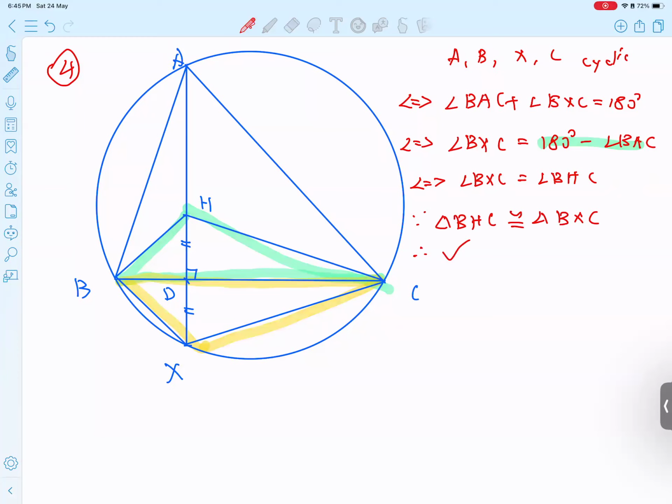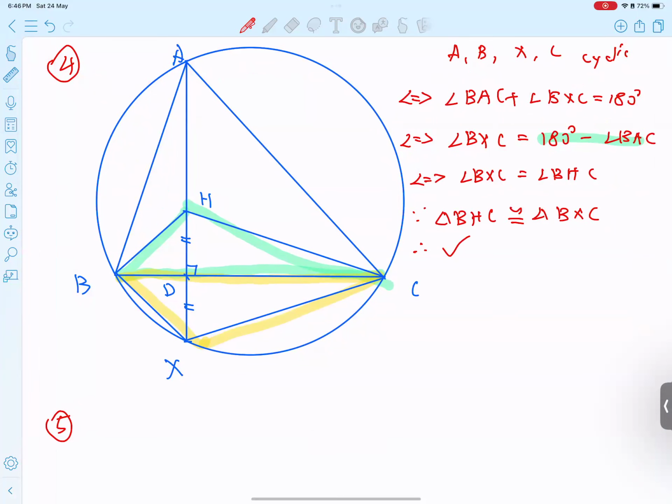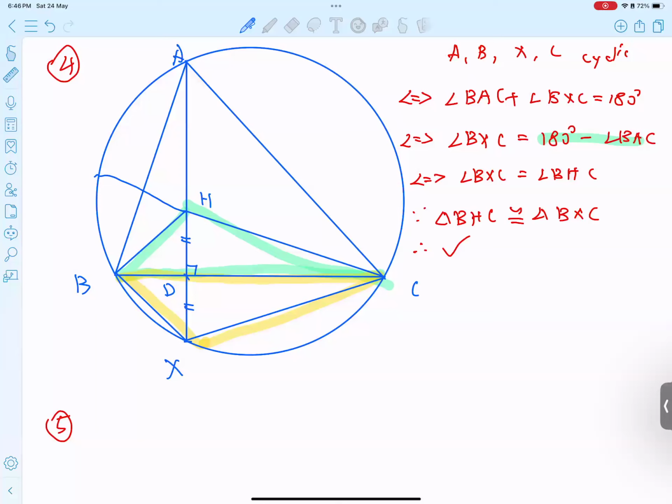Well, next lemma. Okay, so we're going to work with this diagram as well. So we extend CH to a point here.